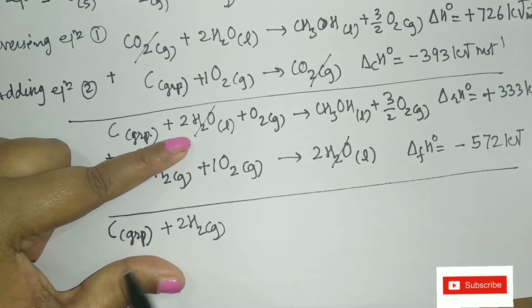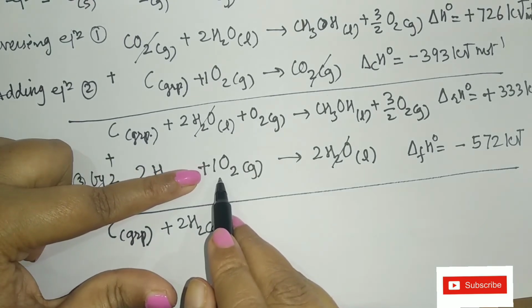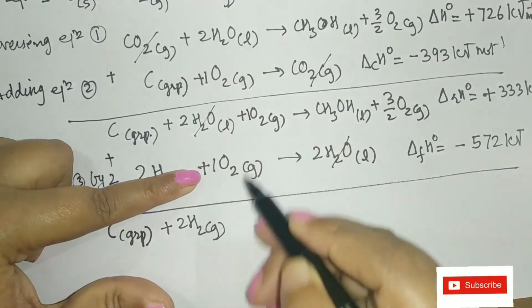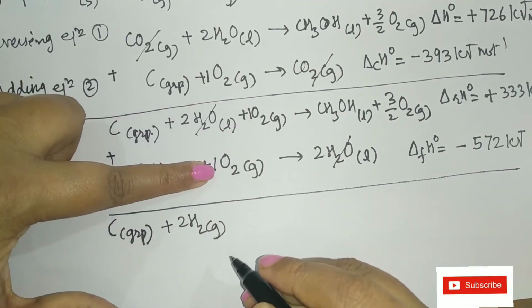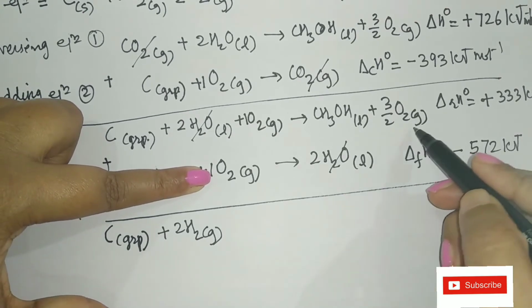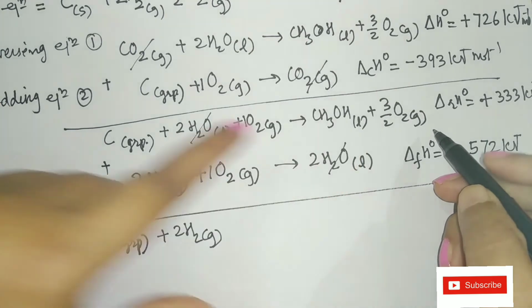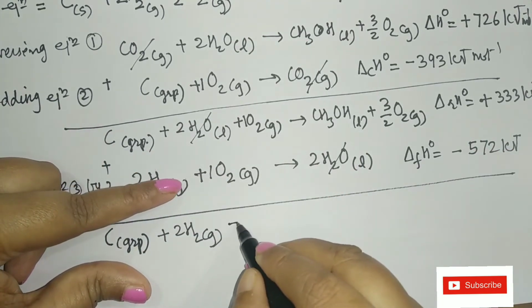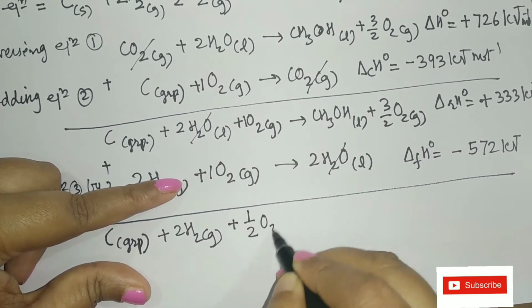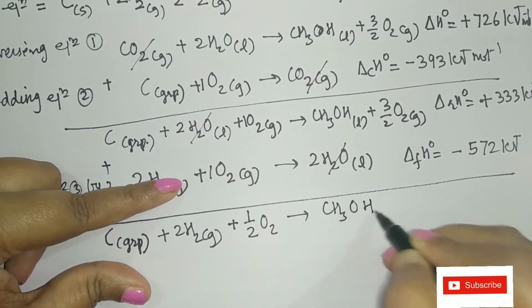This is 1 molecule of oxygen here and this is 1 molecule. So this will become 2 moles of oxygen. And if you see here, this is 1.5. So what is left here is only half of oxygen to balance this. So I will get half O2 gives CH3OH.